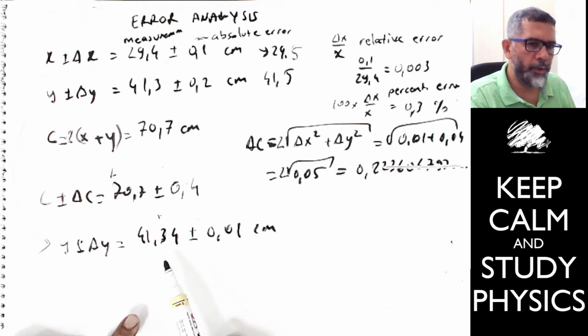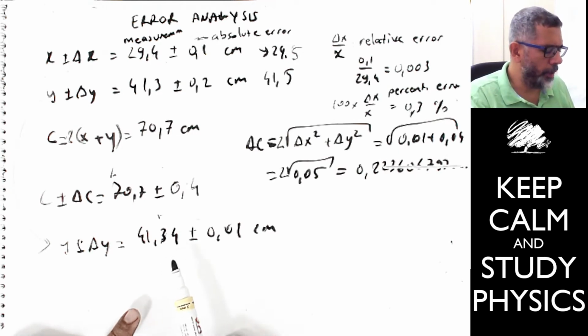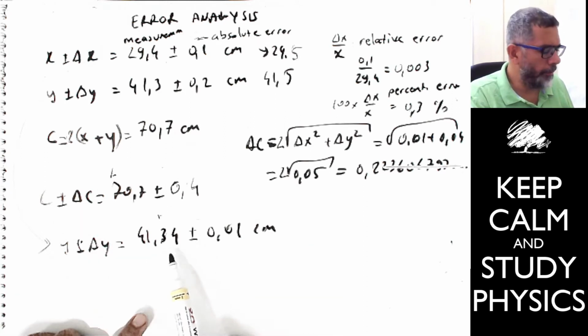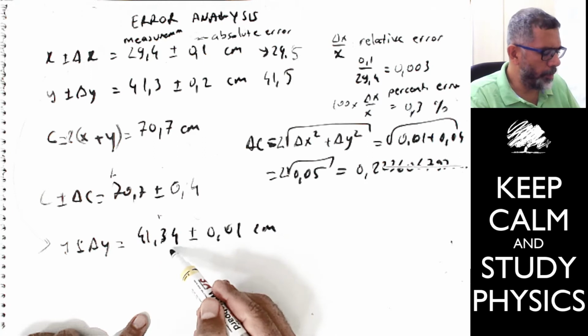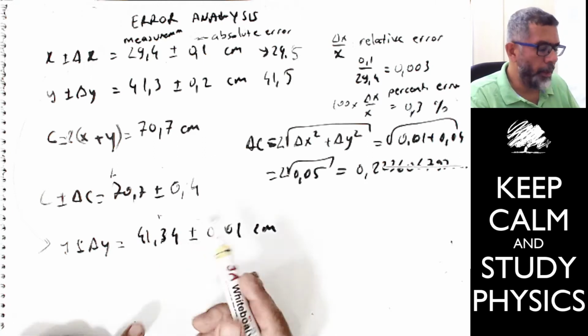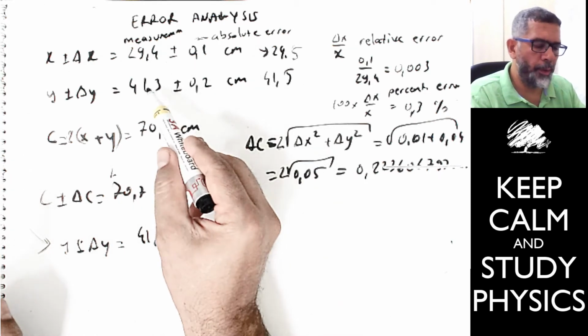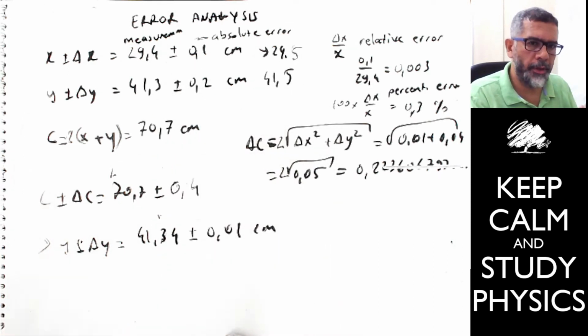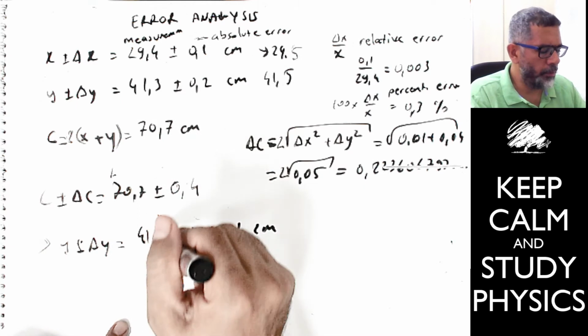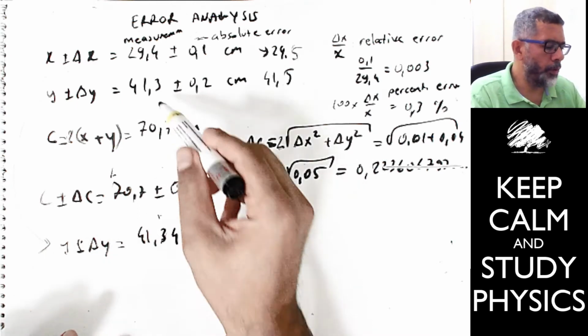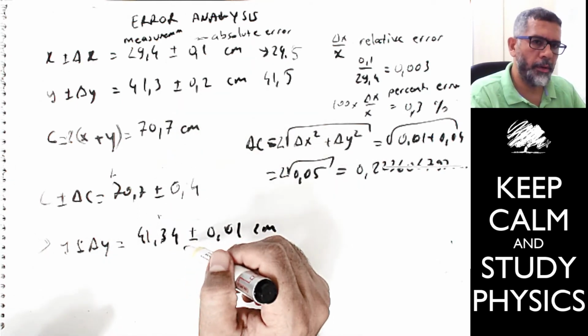But over here, if your ruler shows 1/10 of a millimeter, then this is what you get. So that means you're sure about the second digit after the decimal point. But the thing is, up to only one digit after the decimal point, these two numbers are just the same, we say.